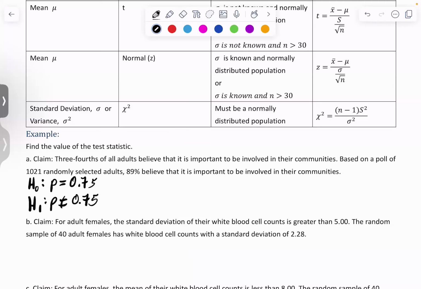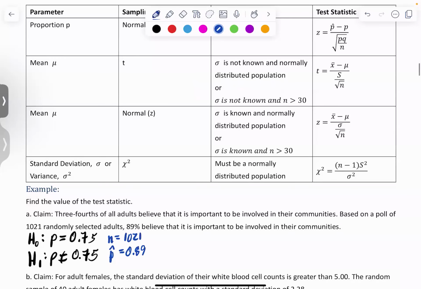And they tell us that n is 1,021. P hat is 0.89. And our formula, let's see if I can squeeze that in there, up top there, I'll use purple, is here.